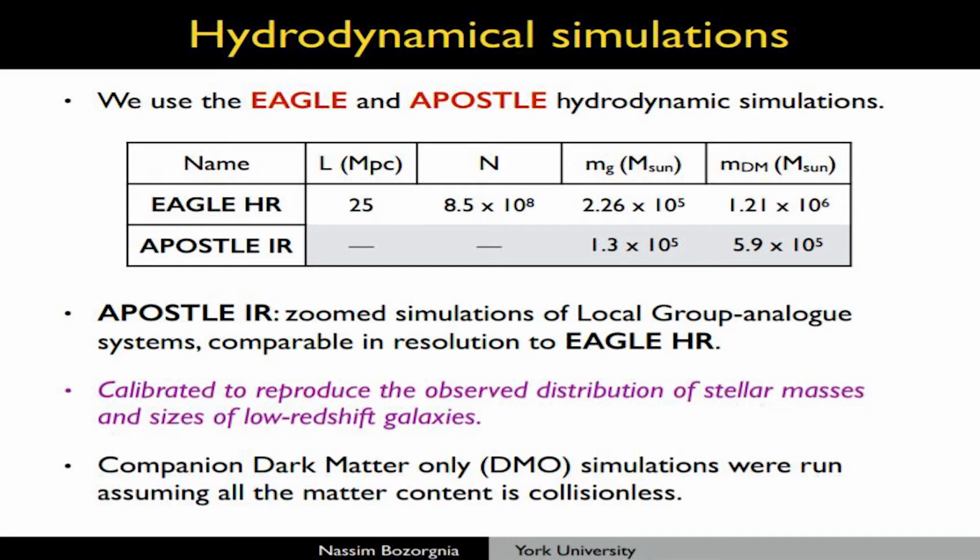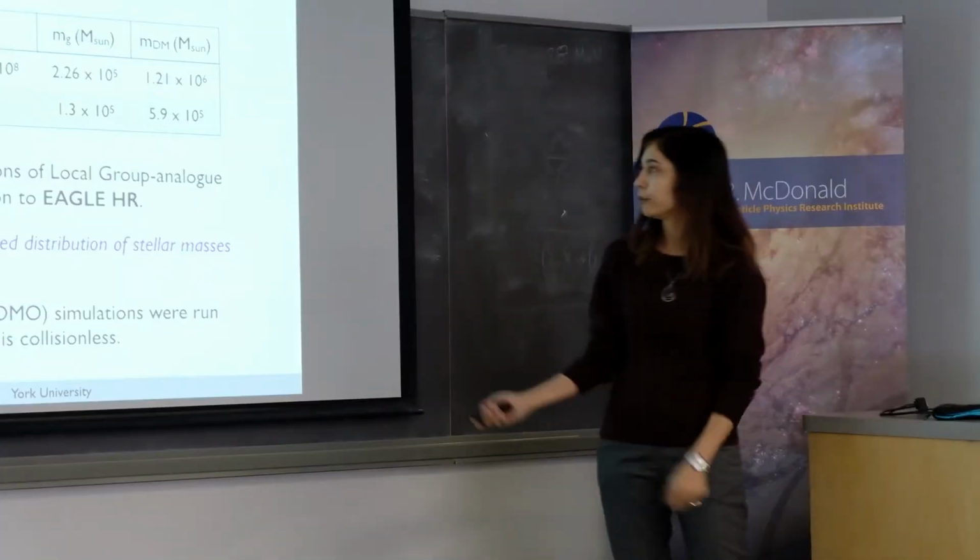And these are calibrated to reproduce the observed distribution of stellar masses and sizes of galaxies today. And the nice thing is that there are companion dark matter only simulations. So each of the halos in these hydrodynamical simulations has a dark matter only counterpart, so we can compare directly and see what the effect of baryons is for each halo.